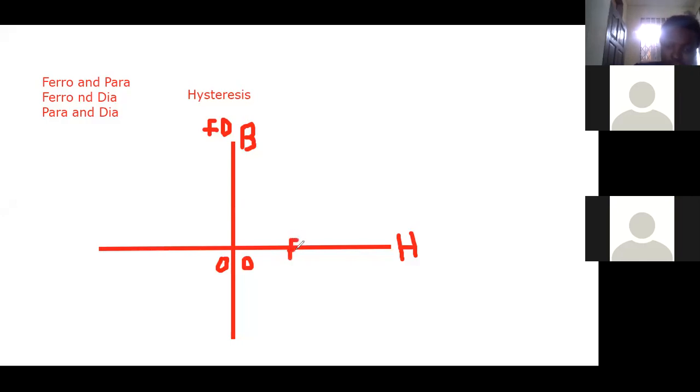This F you can see is the applied magnetic field. So now when we apply magnetic field here, it is expected that the magnetic field of the material is going to grow, or increase.